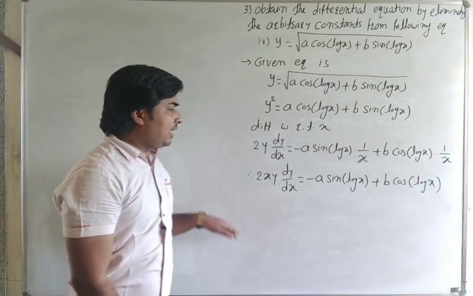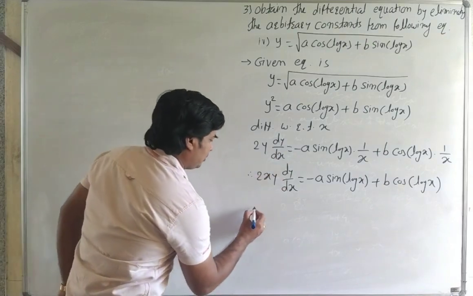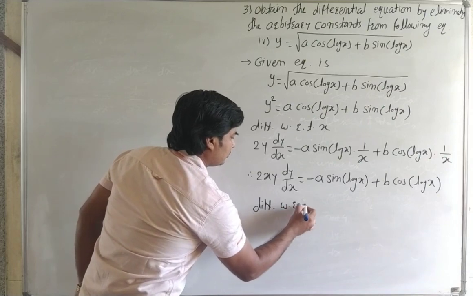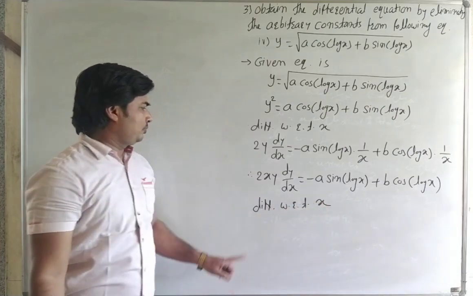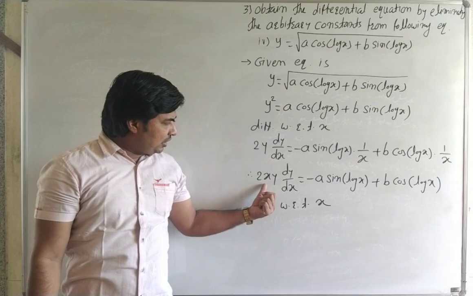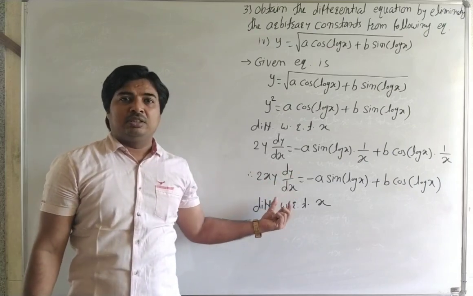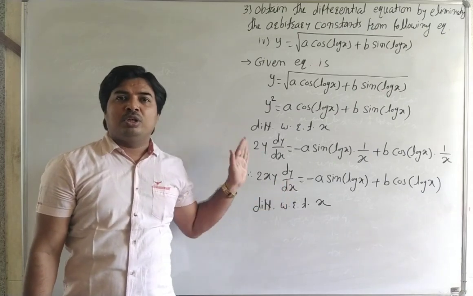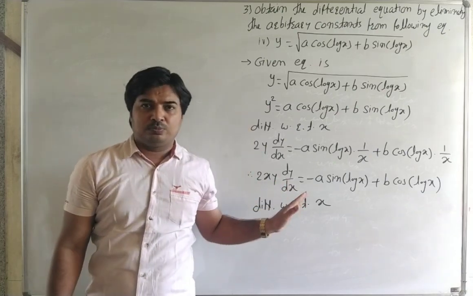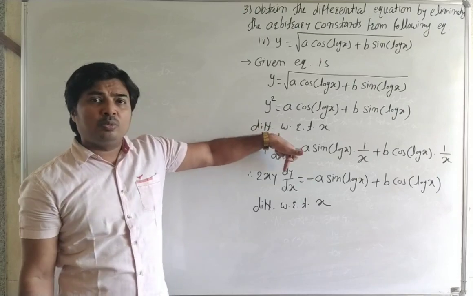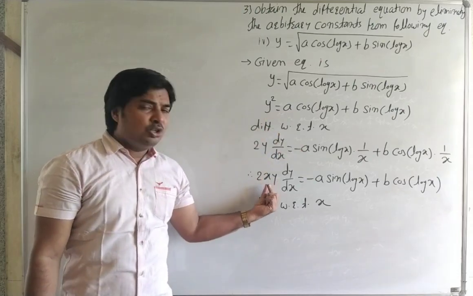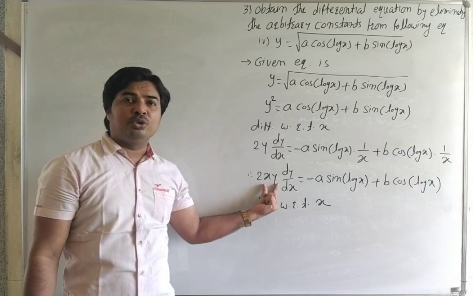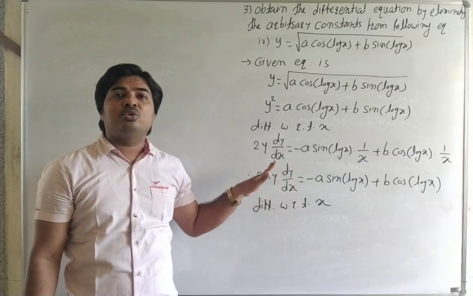Okay. Now again differentiate this with respect to x. Now here it is 2 into x into y into dy by dx. There are three functions in the product, so here we can use u into v into w. Or we take x into y as one function, x into y is equal to u and dy by dx is equal to v.